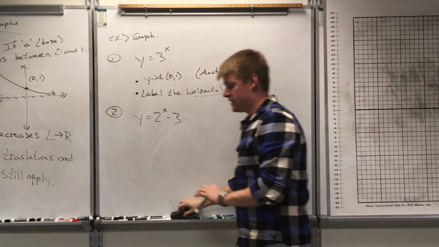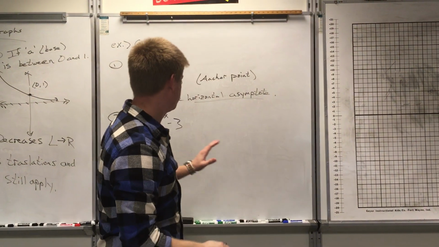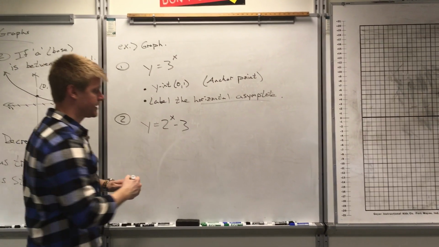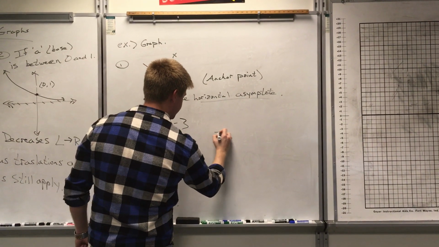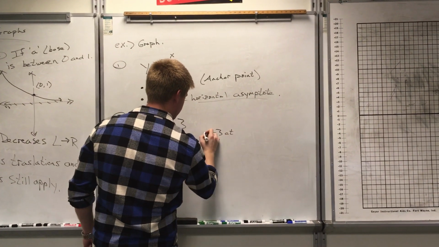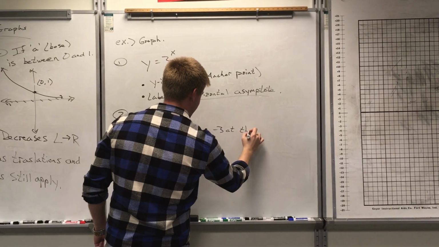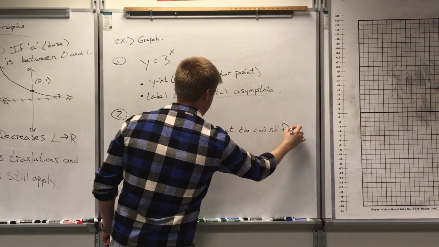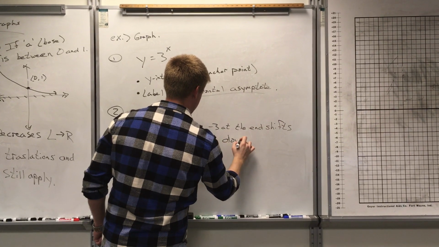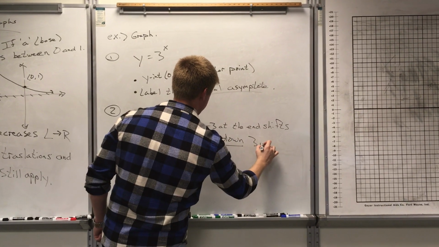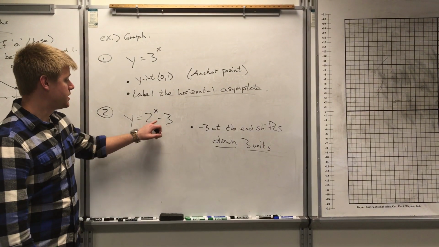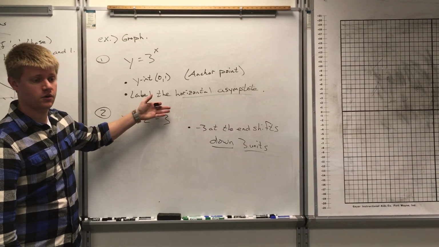Okay, now this one I'm going to visualize before I write any information down. Review from previous sections. Minus 3 at the end shifts the whole graph down 3 units. Okay. A number at the end shifts it up or down, vertical shift.